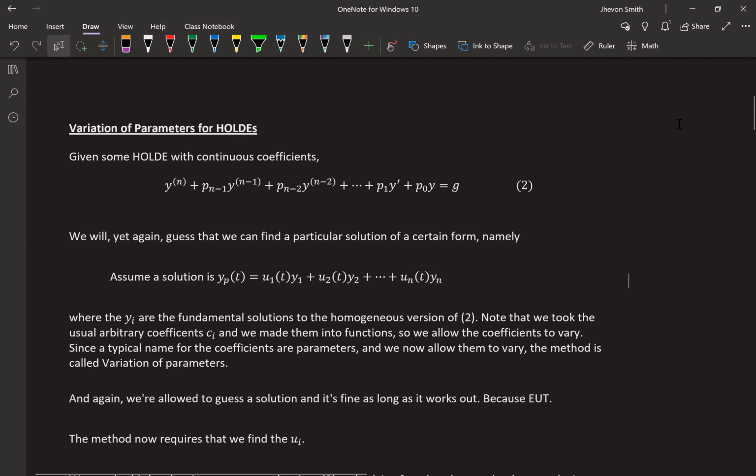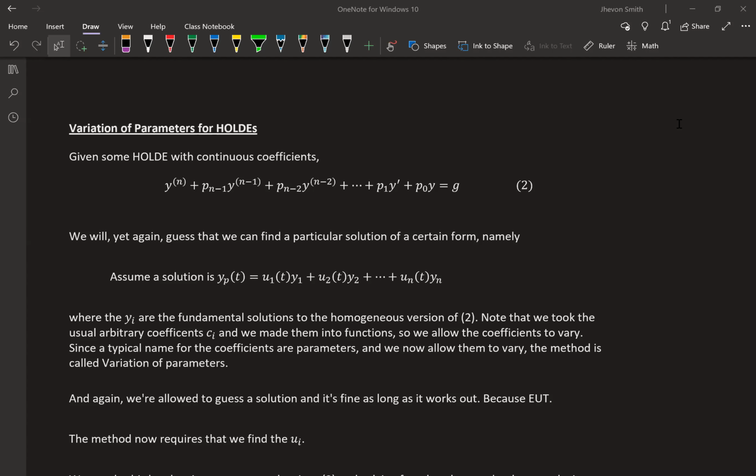And remember, we have the existence and uniqueness theorem that tells us that there are only a specific number of solutions. So we're fine with that. Pretty much any one solution that we can find here is going to be fine. So if it's possible to find a solution in this form, that is going to be good enough. It will work. So there's no need to worry about, well, what if it doesn't look like this form? That's a non-issue.